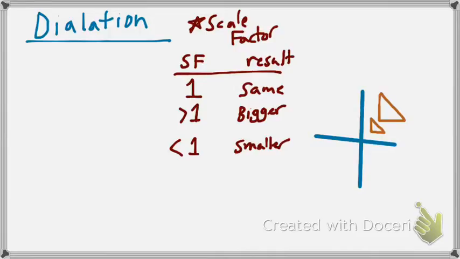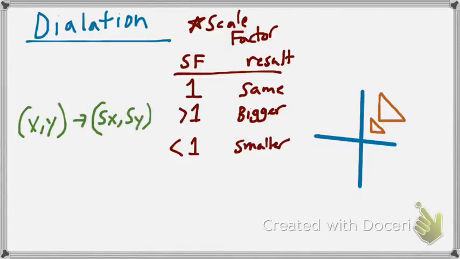The other good thing about dilation is when we look at the x and y, the algebraic representation, it just becomes Sx and Sy, where S is that scale factor.